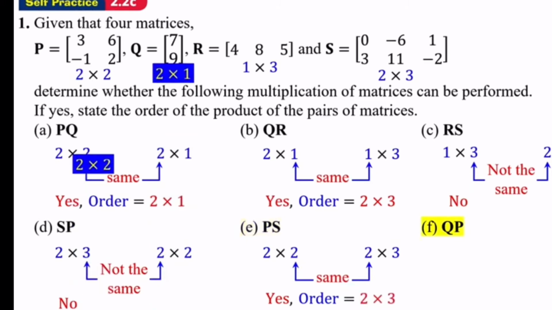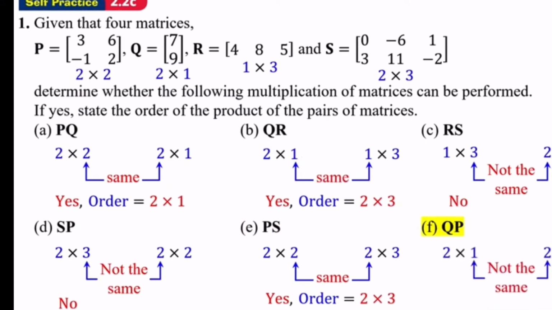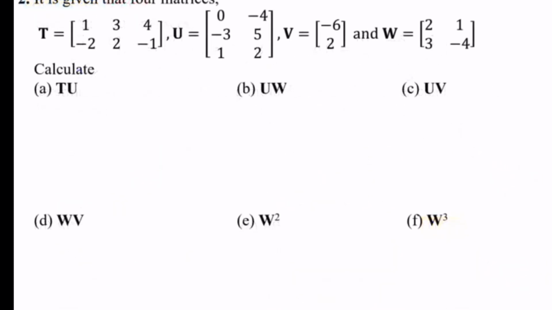Okay, so how about Q and P? For matrix Q and P, we have 2 by 1 and then 2 by 2, not the same. So it cannot be multiplied for these two matrices. Hence we don't have to state the order of the matrix.